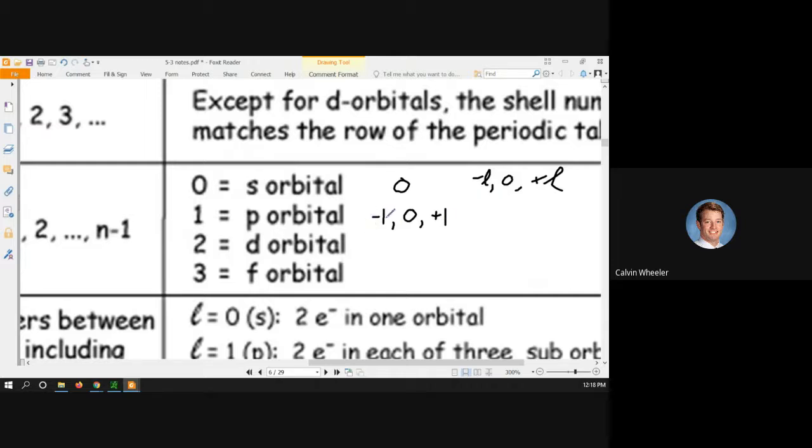So here is the -L. L is 1, so -1. And then 0. And then +L. L is 1, so +1.